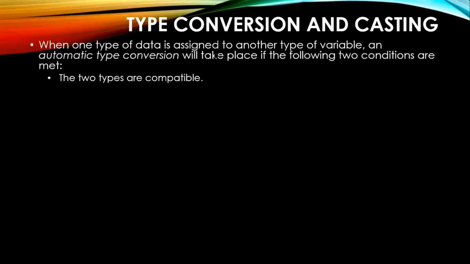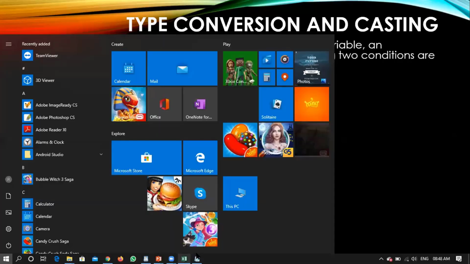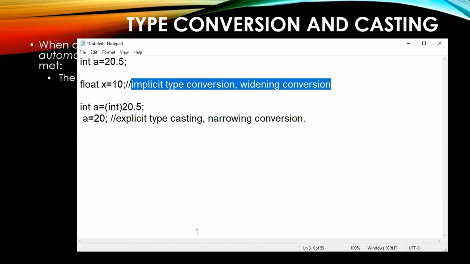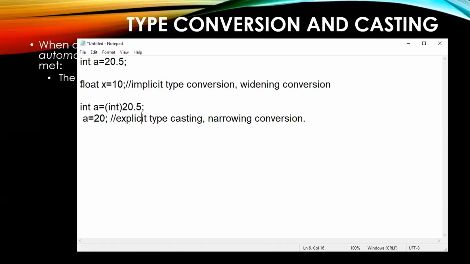Implicit type conversion means the system itself will do it. When I showed you the example, I wrote the things on that. Can you see the example? I said this one is an implicit type conversion.